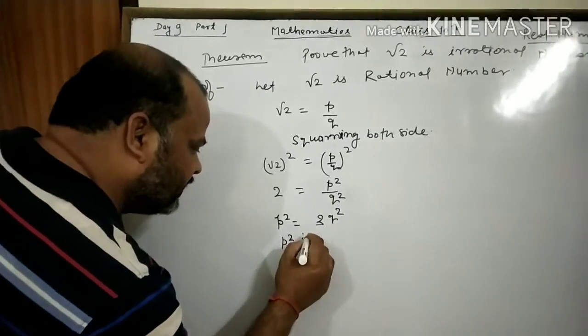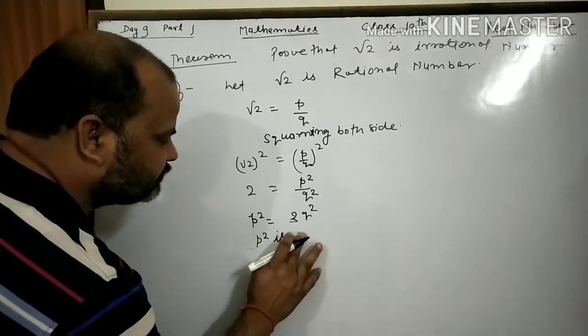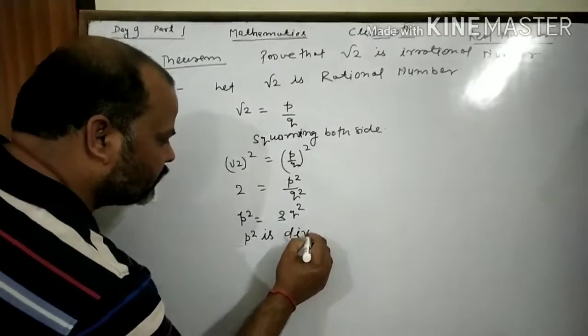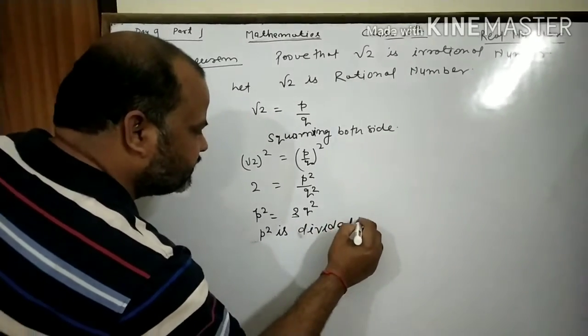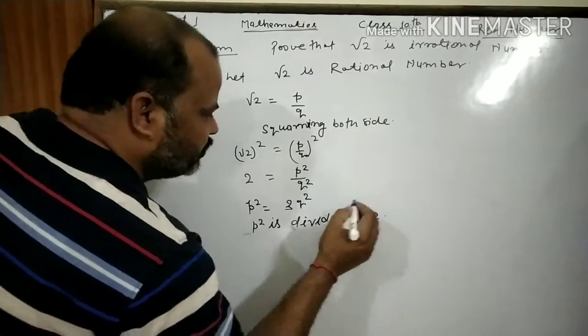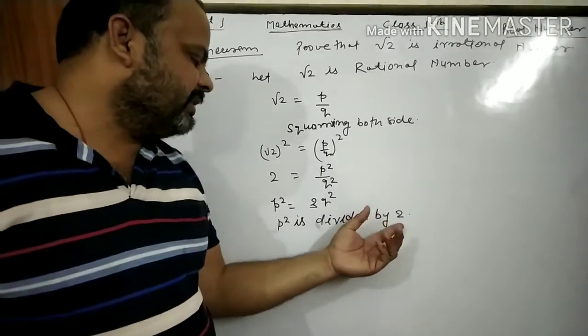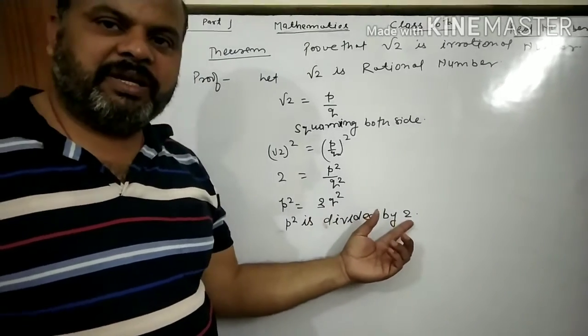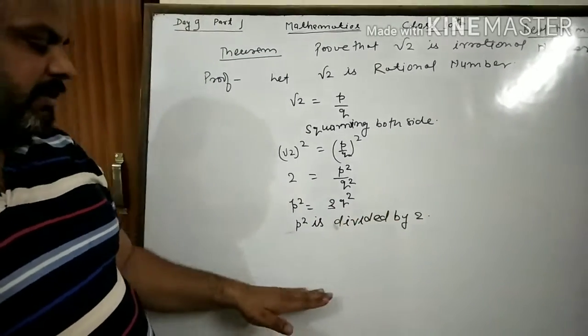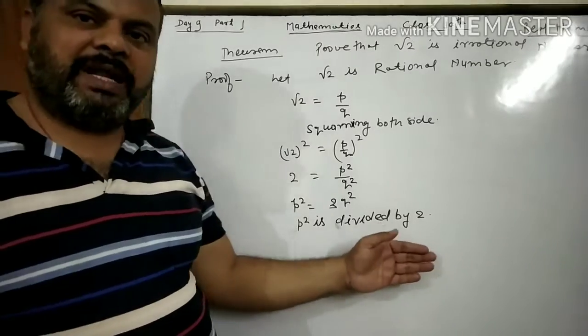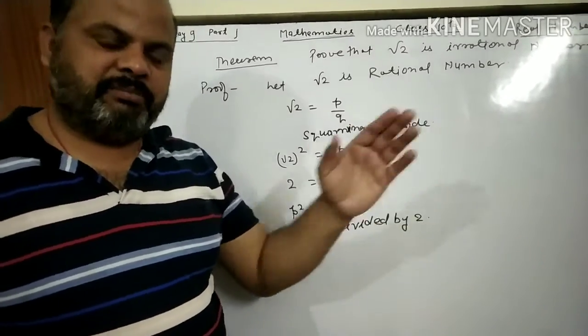p square is divisible by 2. You know that if the square of any number is divisible by a given number, then the number itself is also divisible by the same number.